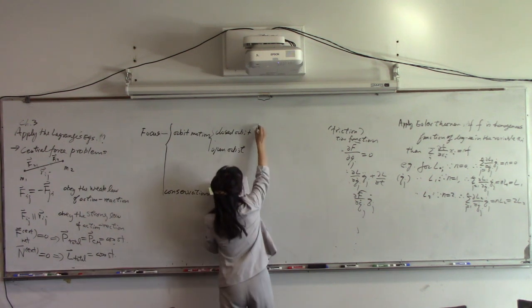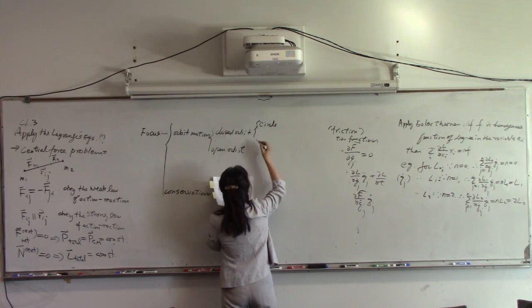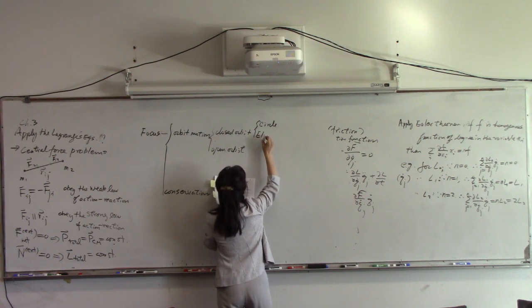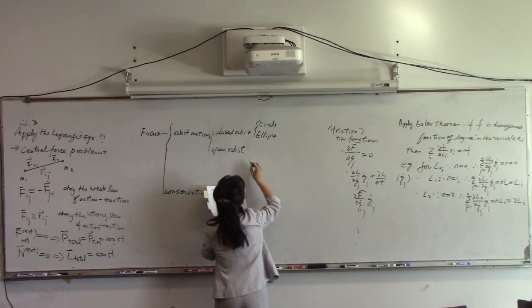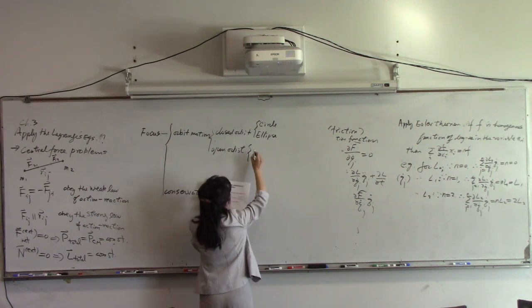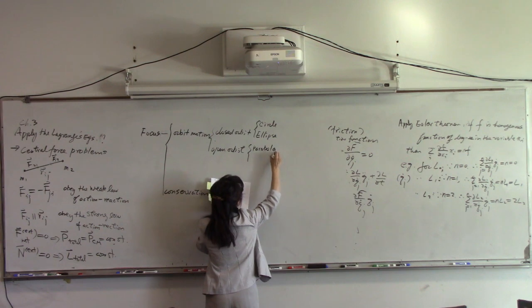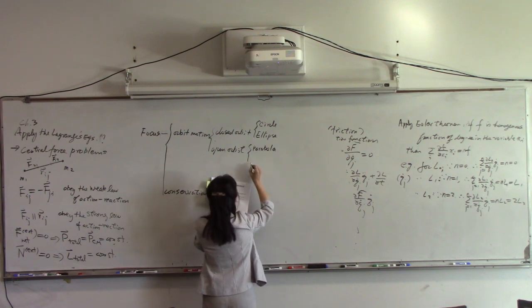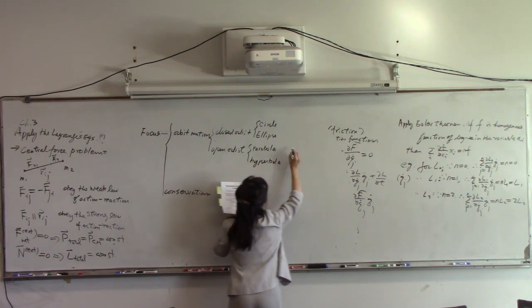For a closed orbit, either a circle or an ellipse. For the open, either an orbit like a parabola, and another is hyperbolic, a hyperbola. Okay.